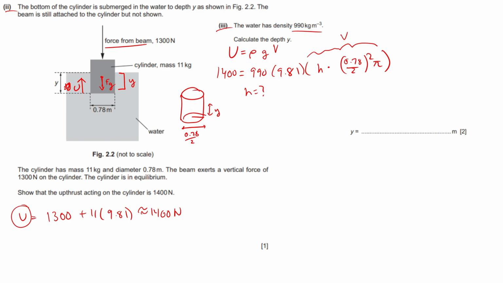So the radius is going to be divided by 2, we have to square and multiply by pi, and this is going to be multiplied by y. So basically, you solve for h in this case, and you should get that h is equal to 0.30.